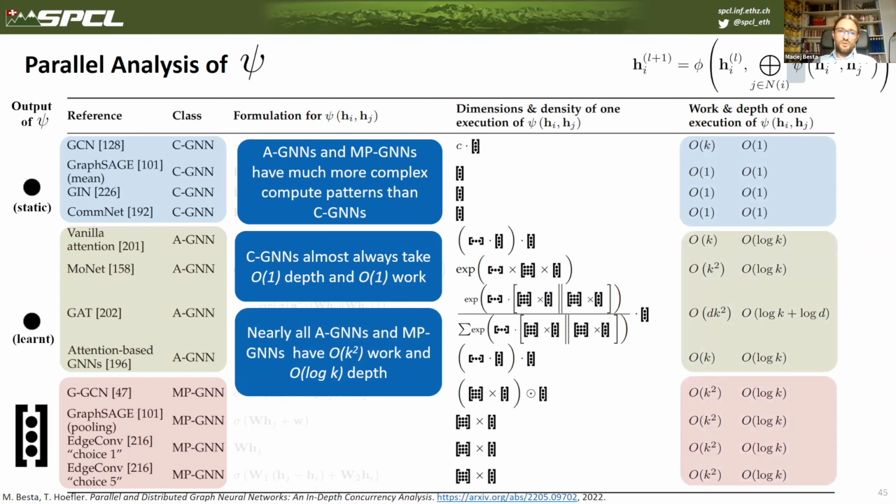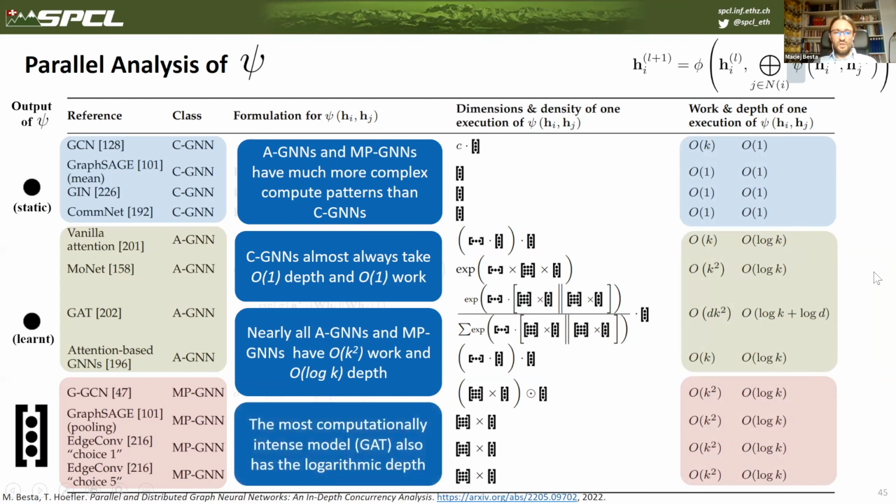And then it turns out that nearly all of AGNNs and MPGNNs have O of k squared work. So work is proportional to the square of the number of features, and logarithmic depth, logarithmic in the number of features of a single vector. This is the case even for the most computationally intensive graph attention model that we analyzed, right?